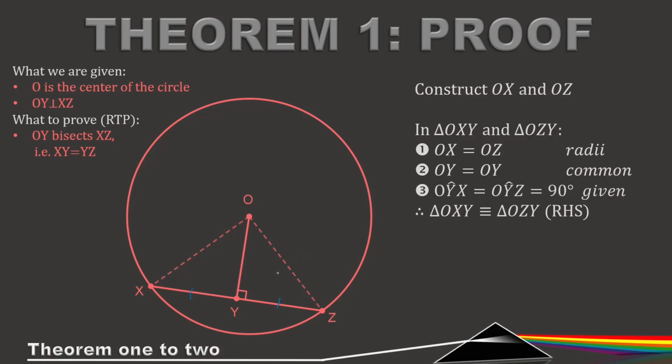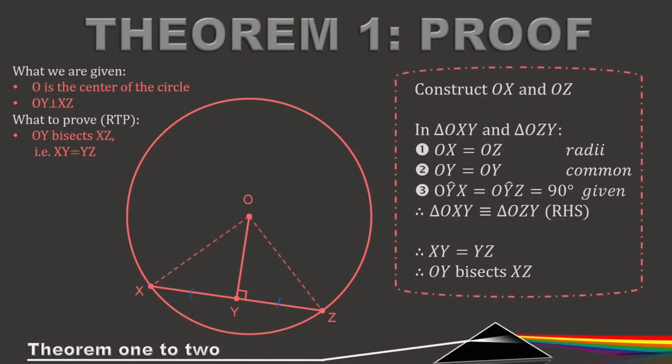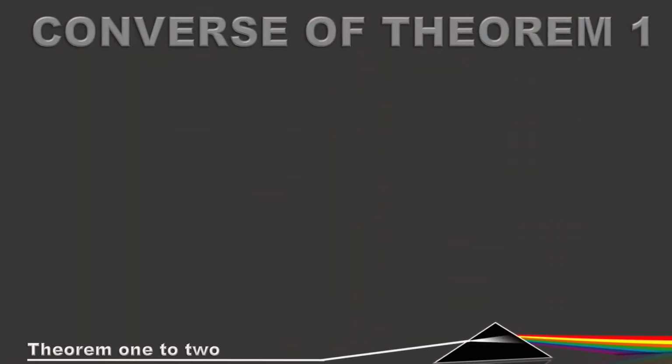Now we have proven these two congruent to each other, and then we can simply state therefore XY will be equal to YZ because they are the corresponding sides in 2 congruent triangles. All right, and then we have proven that OY bisects YZ. Actually, if you understand where this comes from, this is not so hard. It's basically construct lines, prove the 2 triangles congruent, and therefore the 2 corresponding sides will be equal. Okay, and that's that.